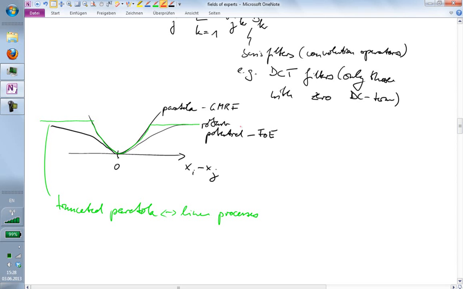And this will perhaps also remind you of the kind of things we were looking at when talking about bilateral filters. So with fields of experts, we no longer impose a quadratic penalty on, for example, the differences between the hidden states at neighboring labels or at neighboring positions, but something that grows more slowly, like this.